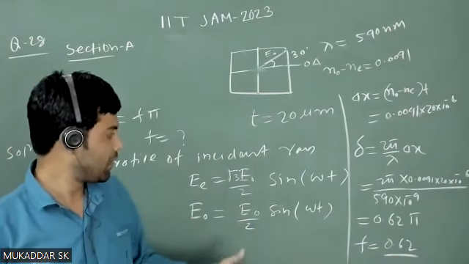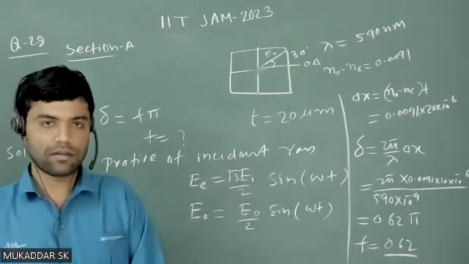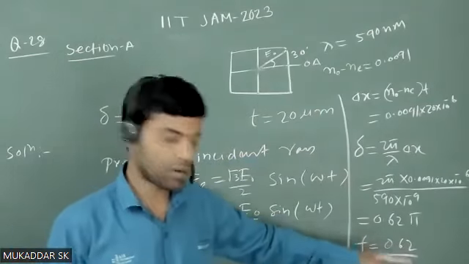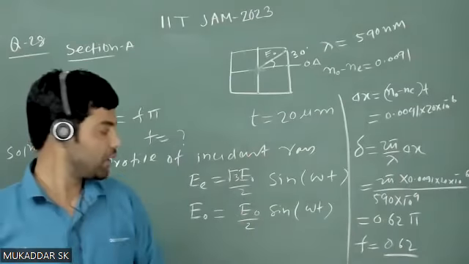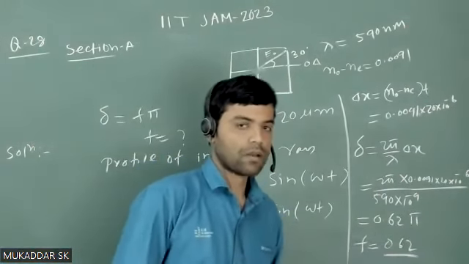But it satisfies the condition of elliptically polarized light. So the transmitted ray will be elliptically polarized, and the phase difference between E ray and O ray will be 0.62 pi. Okay, thank you.